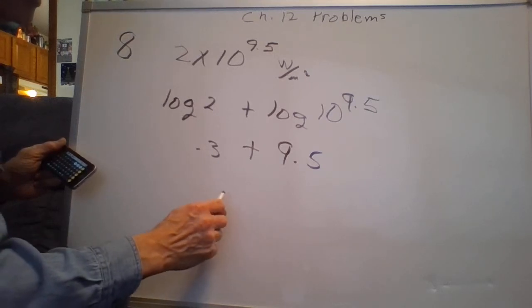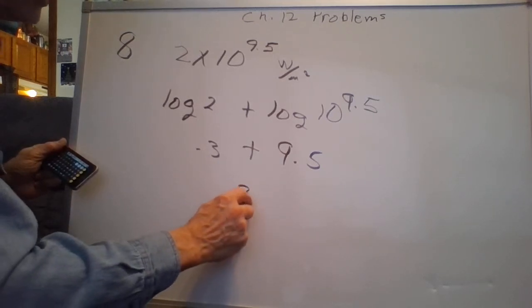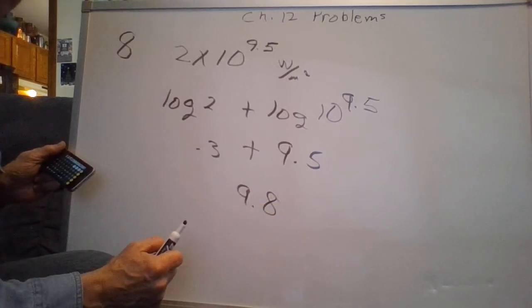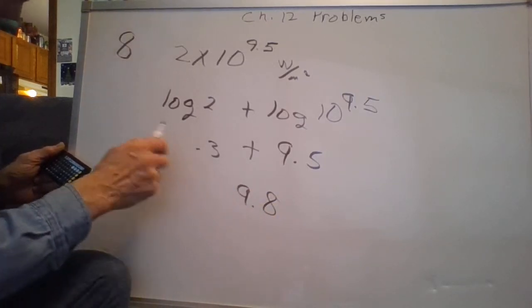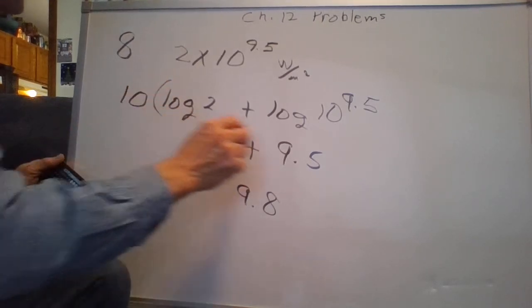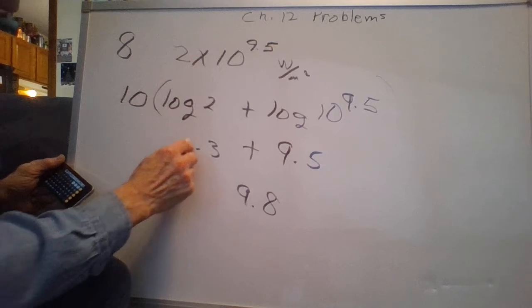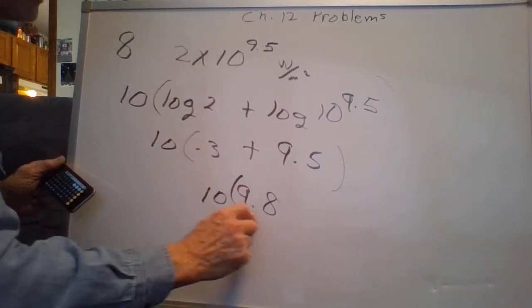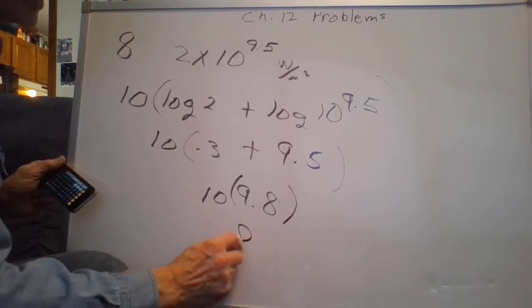Put them together, it's 9.8. But remember, decibels is 10 times the log. So if we took 10 times all of that, 10 times this, 10 times this, that's 98 decibels.